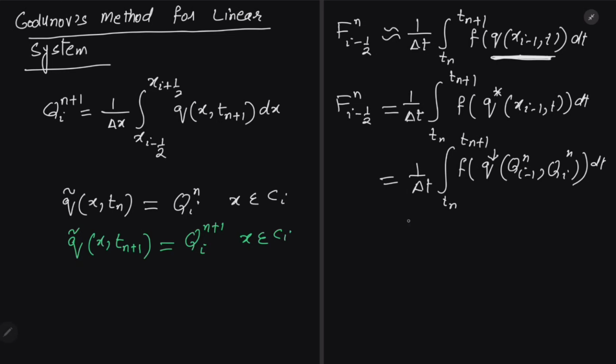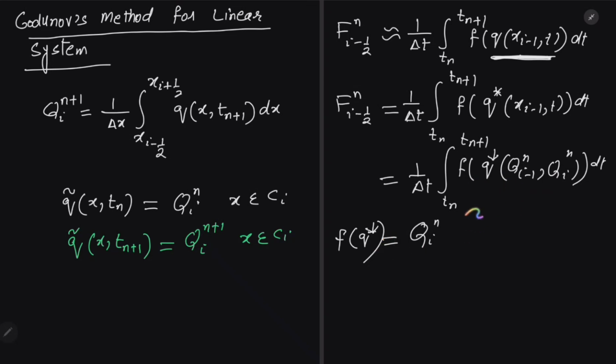Since Q is constant, f will be constant, and you can just integrate that. If it is just a constant, for example Q_i^n, it will come outside of the integration, and after integrating we get the same flux.